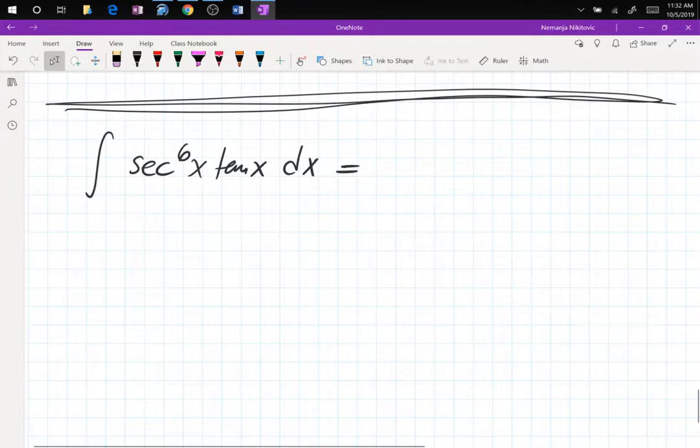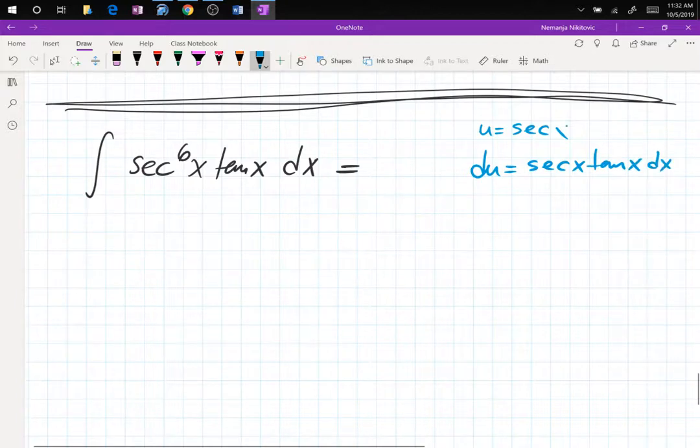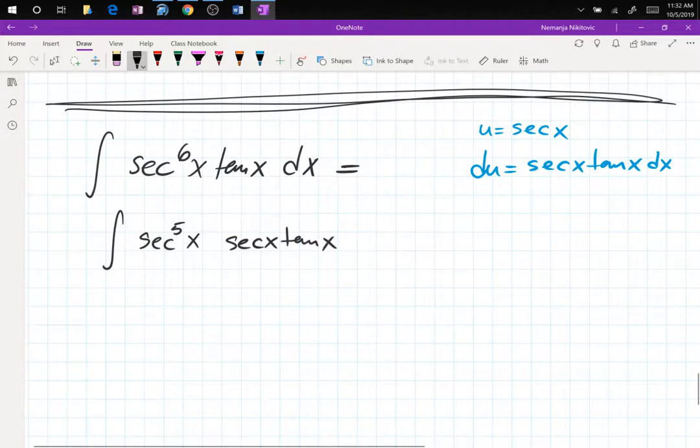Or, you know that the derivative of secant x is secant x tangent x dx. And that is where you realize that you can just peel 1 secant off and then have it u to the 5. Again, a lot of trial and error with these problems until you get used to the way they're done.